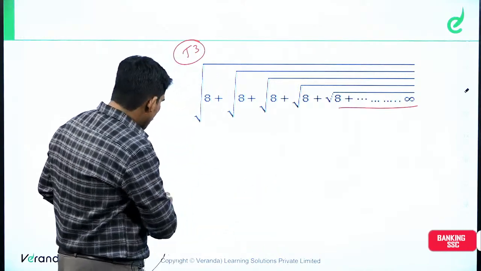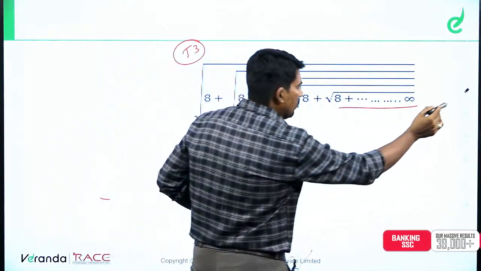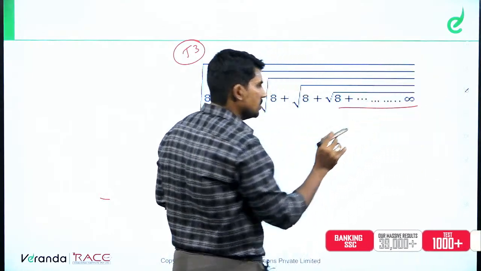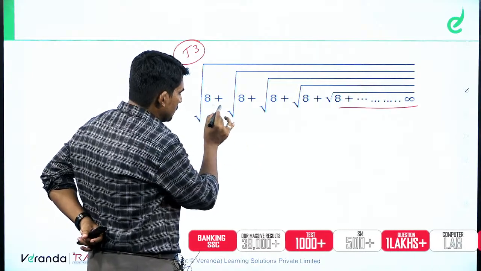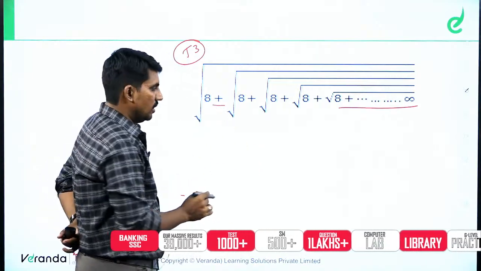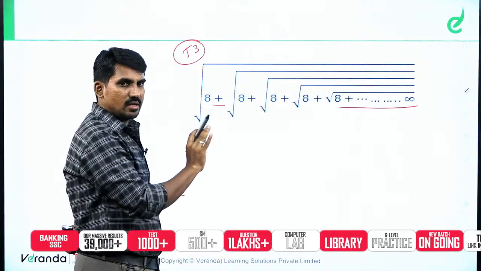For that, what is the technique? Listen, one simple shortcut formula is there. Here plus is given, and we can't take factors because the difference is not 1.